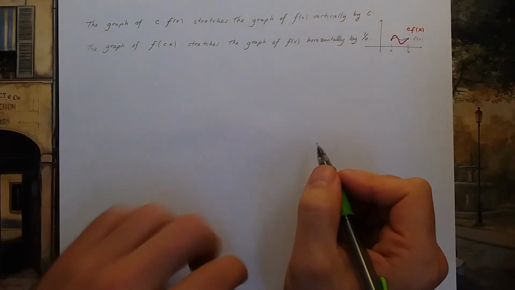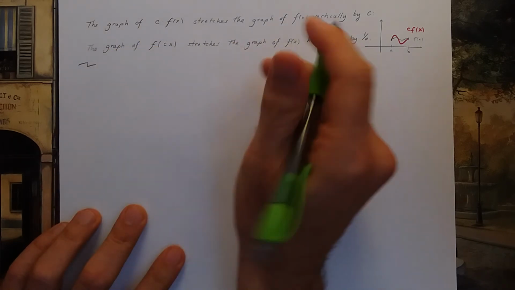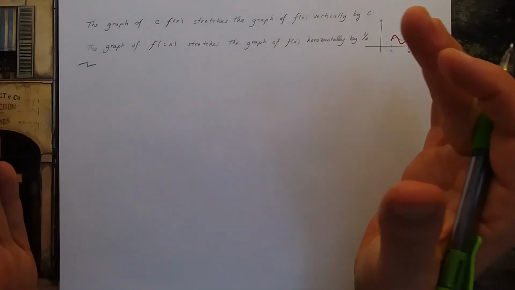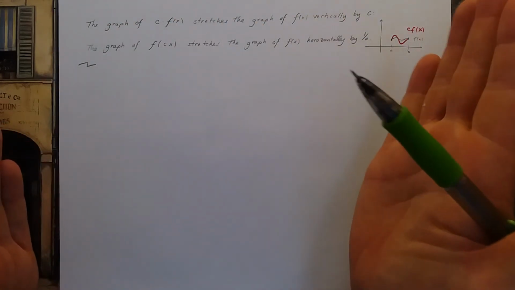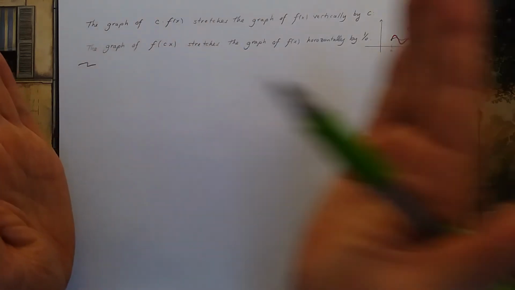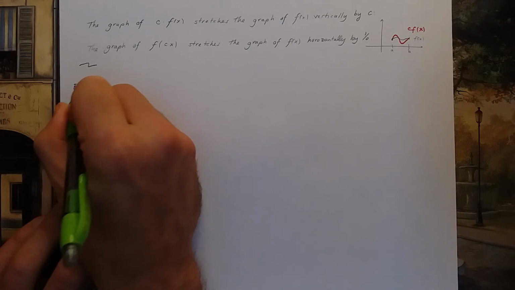I think I'll do an example to show you the behavior of stretching the graph. Now I say stretching: if c is 2, it stretches the graph, but if c is a number less than 1, like 1/2, everything will be compressed. So let's see a few examples to end this video.